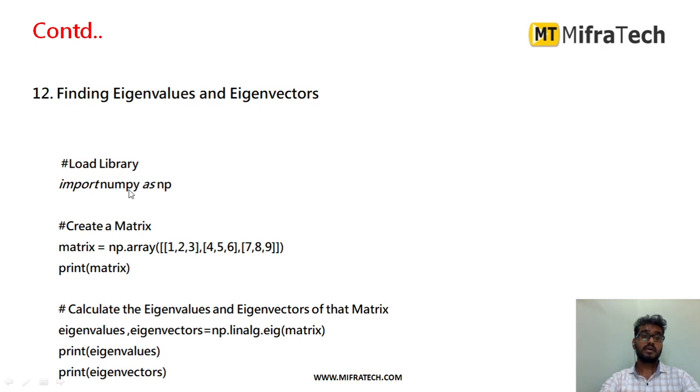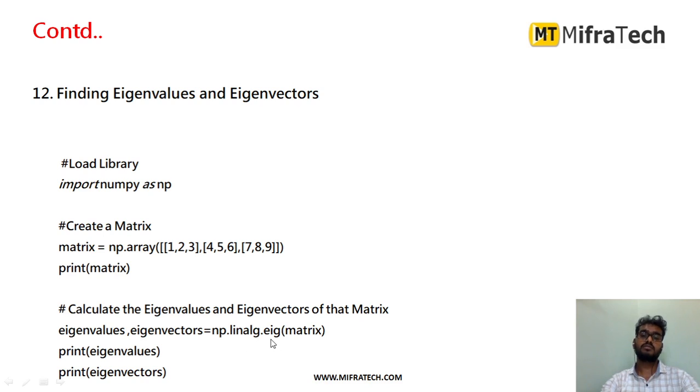So import Numpy as a library to load the library. After loading the library, again as usual we create a matrix using np.array; a 3x3 matrix has been created. Then after creating the matrix, we are going to calculate the eigenvalues and eigenvectors of this matrix. To do that, the command is np.linalg.eig, the same linear algebra package.